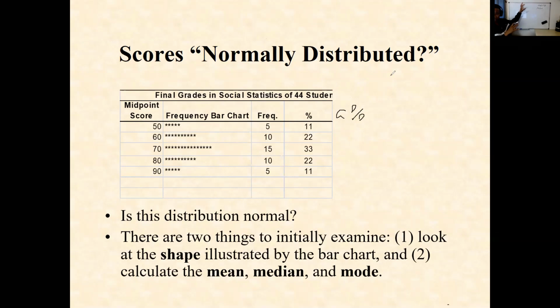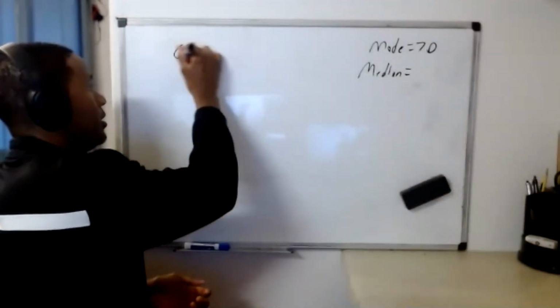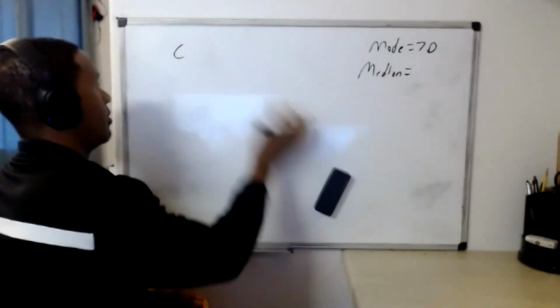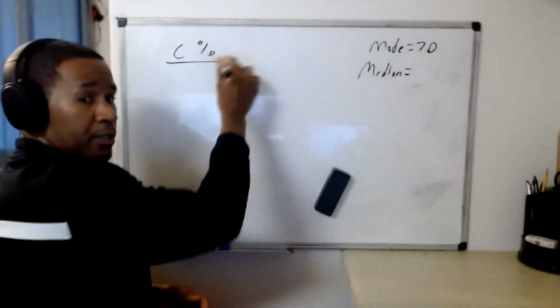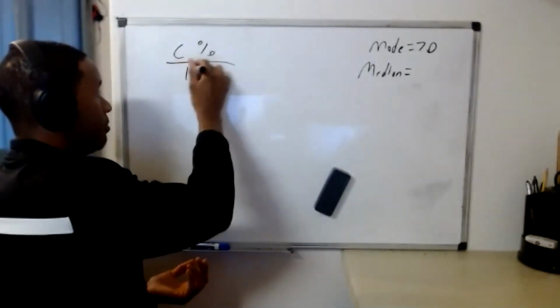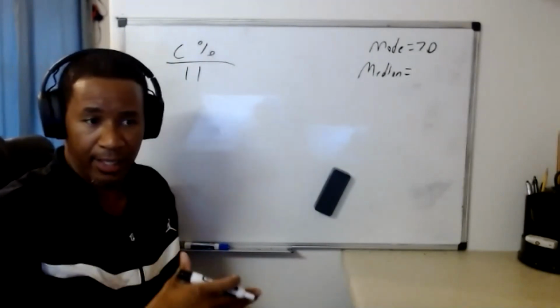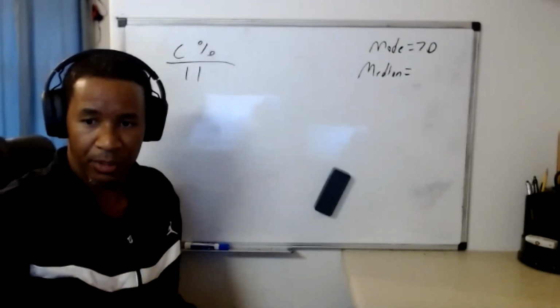So I'm going to draw the cumulative percentage up here. First category is 11%, okay? Then what we do is we add that to the next category. We know the next category is 22%, okay?